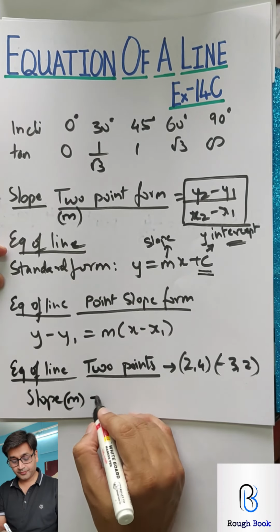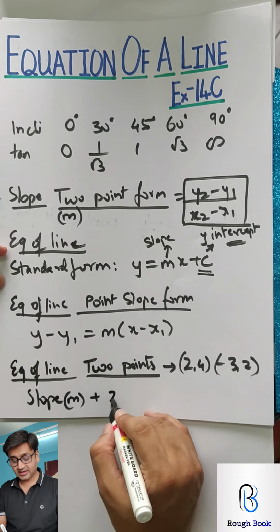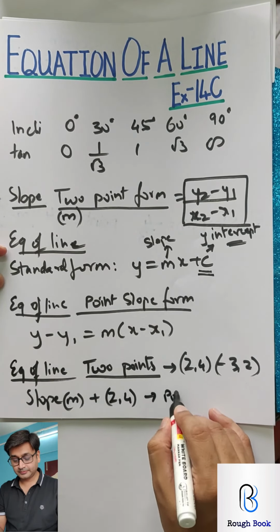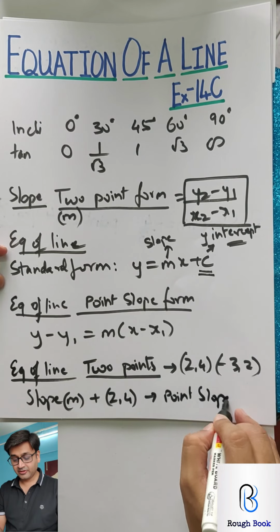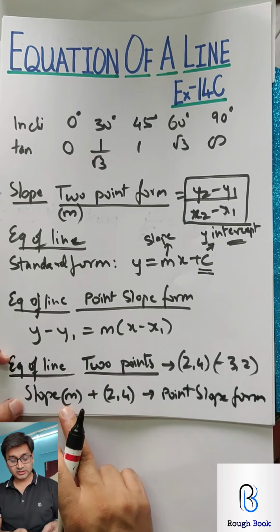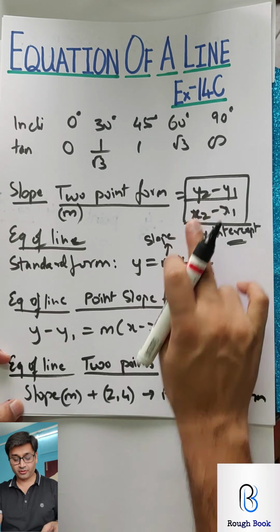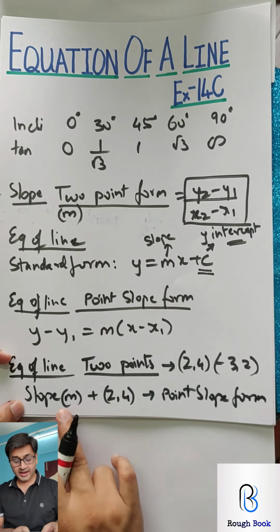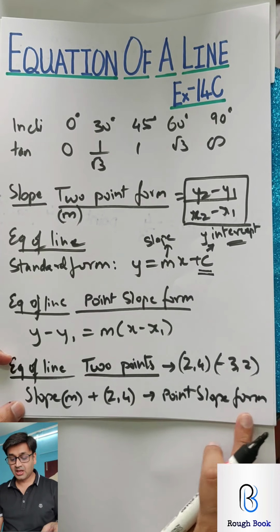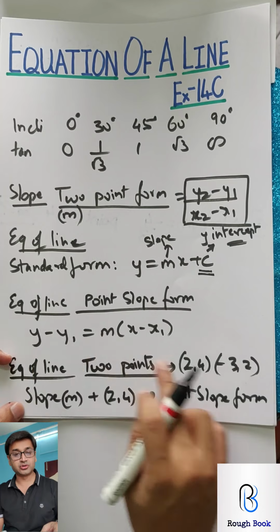Once you get the slope, take any one point, let's say 2 and 4, and then use point slope form. See, I am giving you the equation format, how to solve these sums. So once you get the slope using 2-point form, take any one point, and now slope and one point, so point slope form. If you use this, you can get the equation of the line.